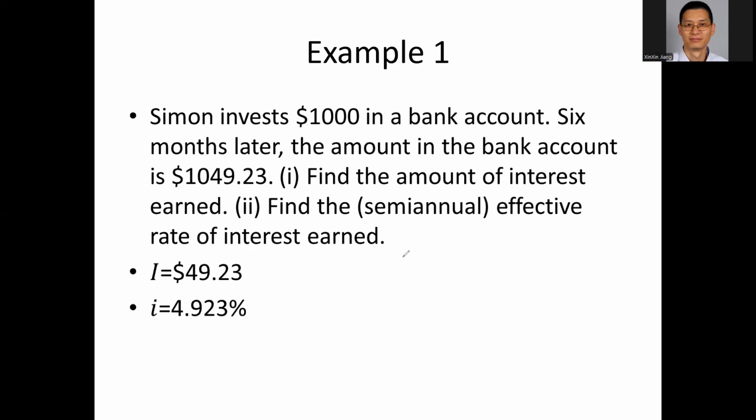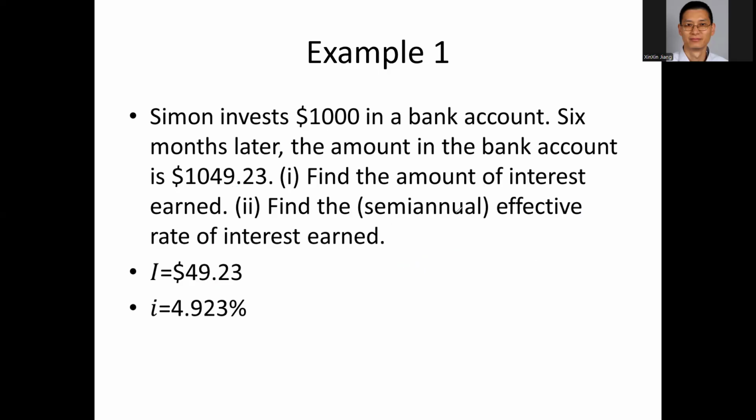The amount of interest earned is capital I. So capital I equals the amount at time 6 months, $1,049.23, minus A(0), which is 1,000, and that is $49.23.